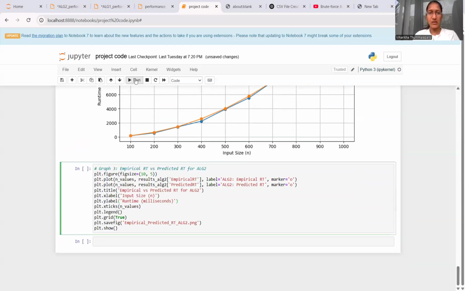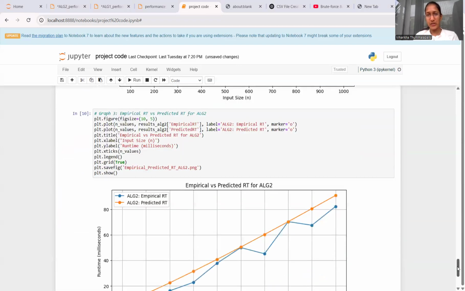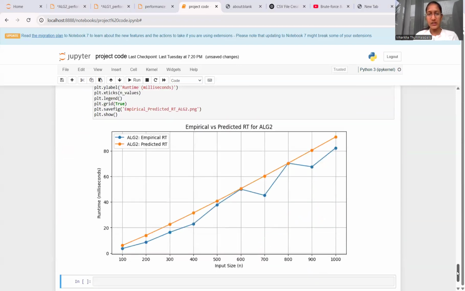But for the divide and conquer algorithm, we predicted it will increase constantly, but it is not that much. It's somewhat less than we predicted.